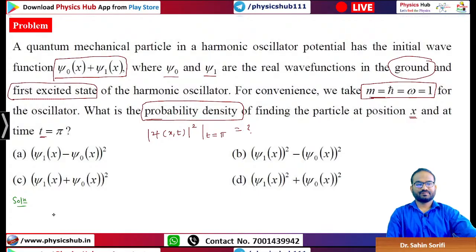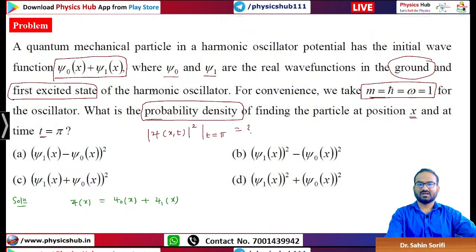Look, let's say the initial wave function is denoted by psi of x. This is psi 0 x plus psi 1 x. Psi 0, psi 1 are the real wave functions in the ground state and the first excited state of the harmonic oscillator. So if this is psi of x, what will be the value of psi of x,t?